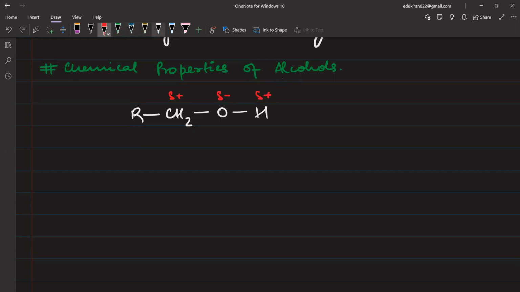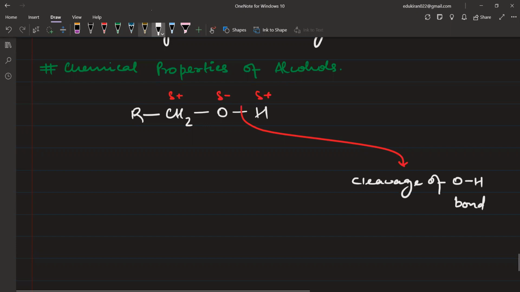Now, there are two types of reaction which can happen. One can happen if you break this bond. That means the cleavage of what? Cleavage of OH bond. And the other reaction can happen if you break this CO bond.